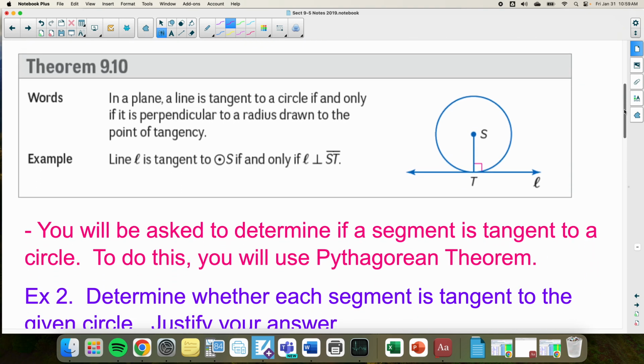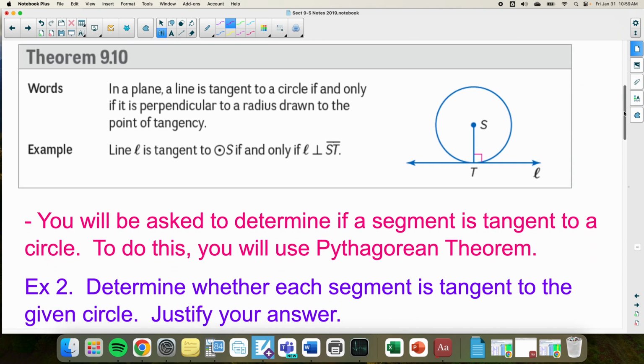The first one is if you have a circle and a tangent line, if you draw the radius of the circle perpendicular to that tangent line, then it would be tangent if it's perpendicular, okay?